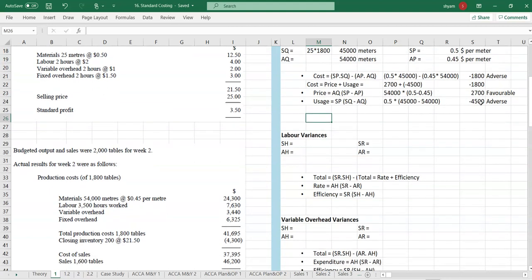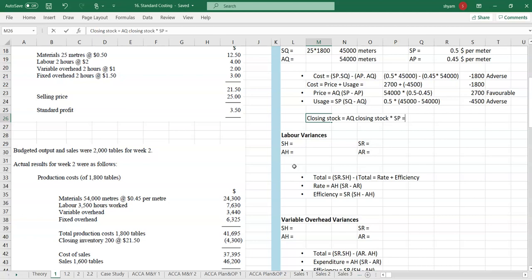As material is there, material has a closing stock. So closing stock valuation is very simple. Closing stock is the actual quantity of closing stock into the standard price.